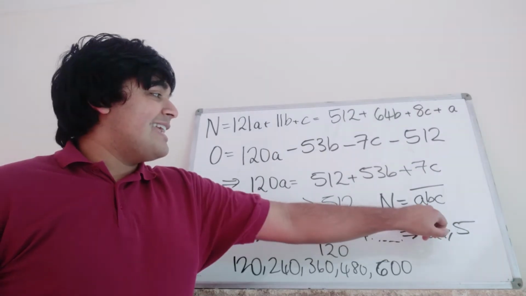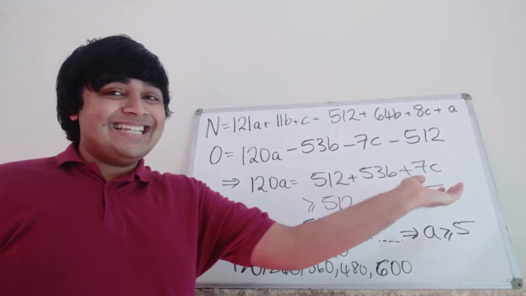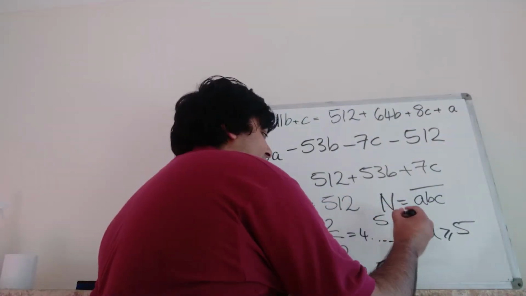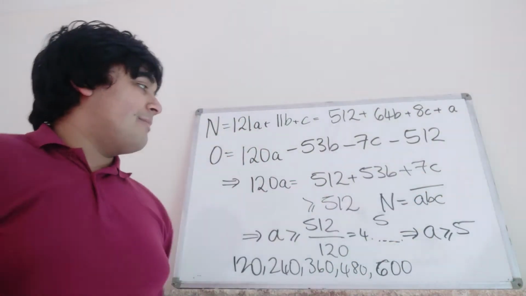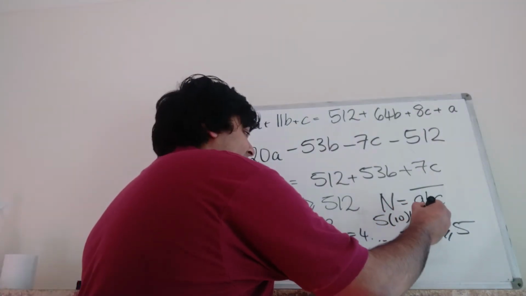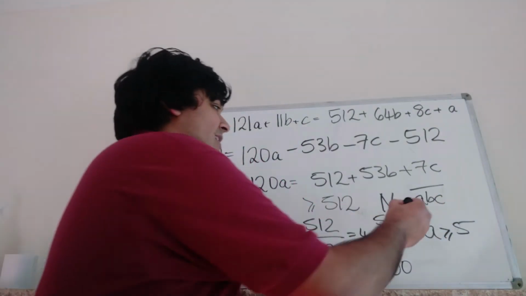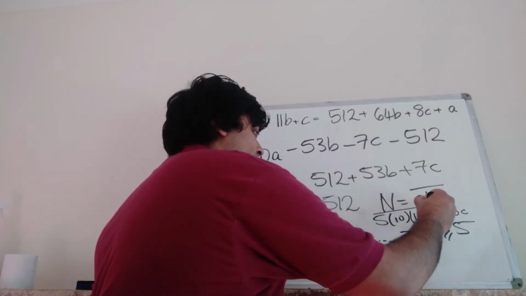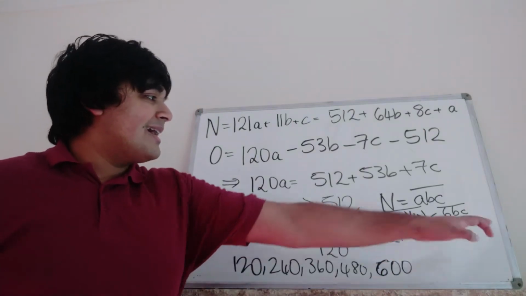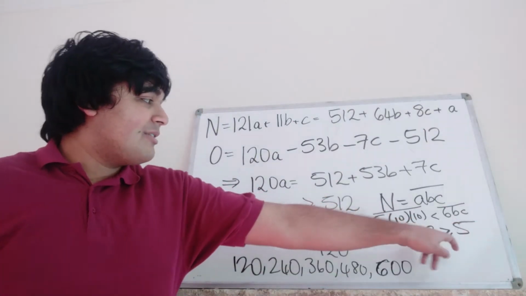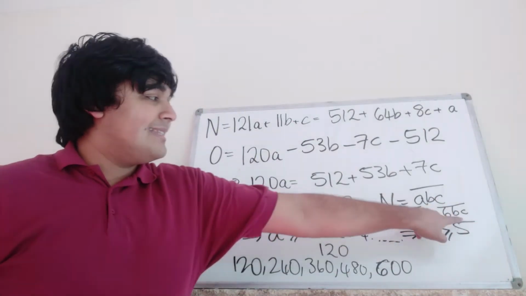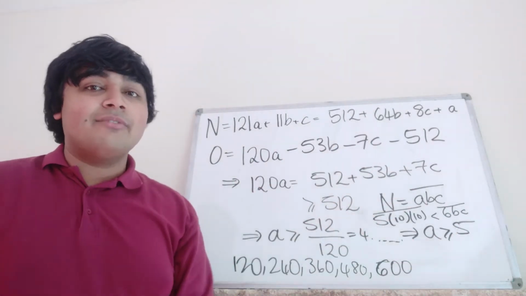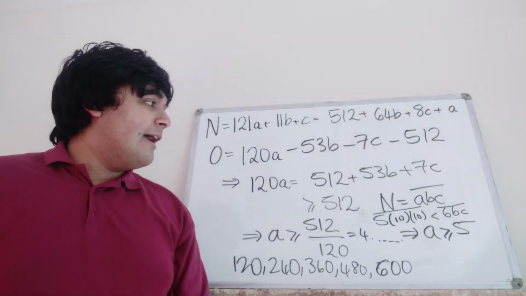So if a was at least 6, then no matter what b and c are, it would be bigger: a number of the form 5 and then, say, 10 in base 11 is going to be less than 6bc, even if b and c are both 0. So what I'm trying to say is, if a equals 5 and we can find a b and c satisfying the above, we'll be done, because that will be the minimum solution.